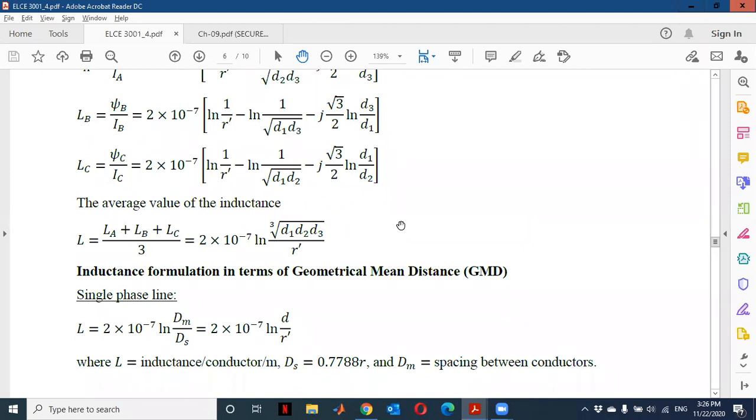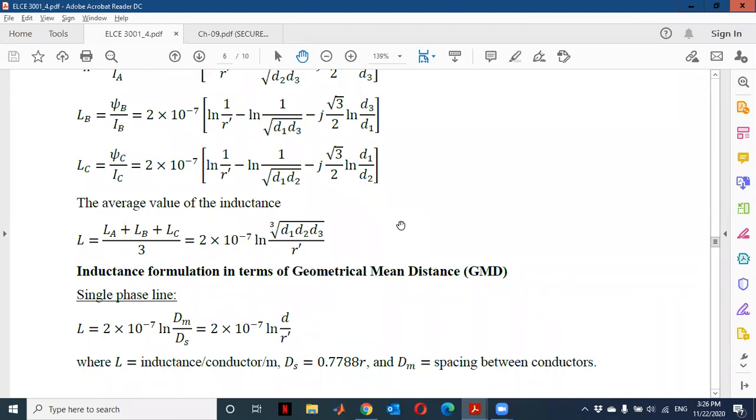Now we have something we call GMD, or geometrical mean distance. Using geometrical mean distance, we will calculate the inductance of a transmission line.